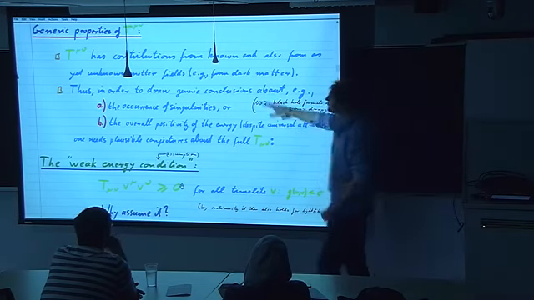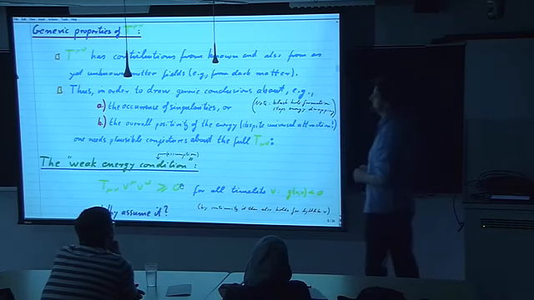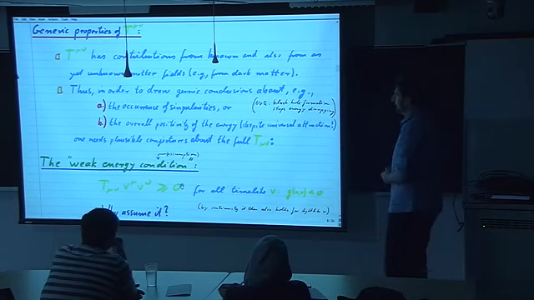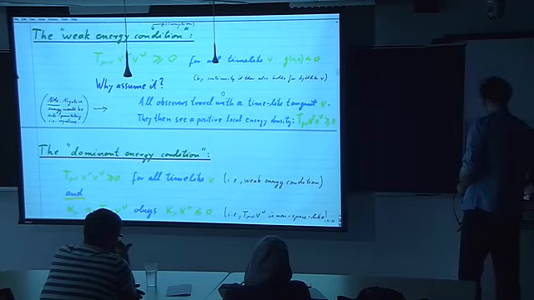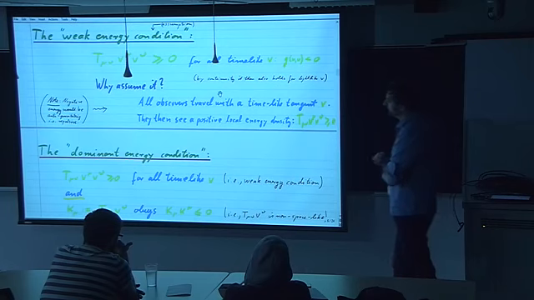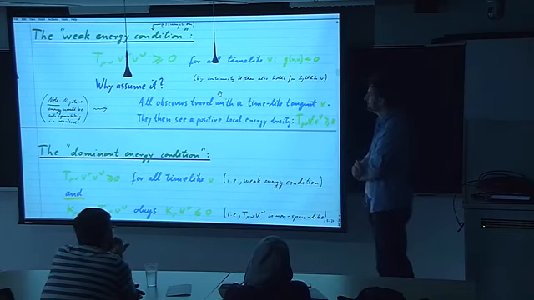Okay, so here are two general classes of energy momentum tensors that might occur. The first is the class of energy momentum tensors that is characterized by obeying the so-called weak energy condition.